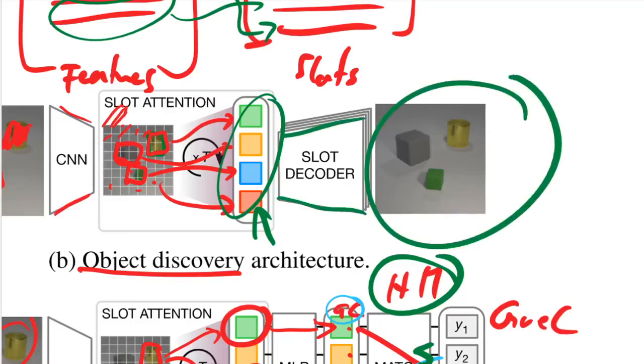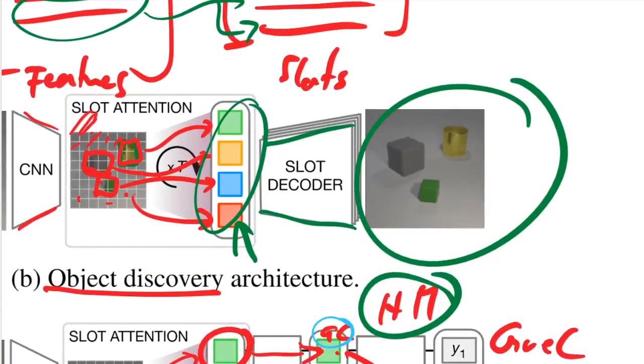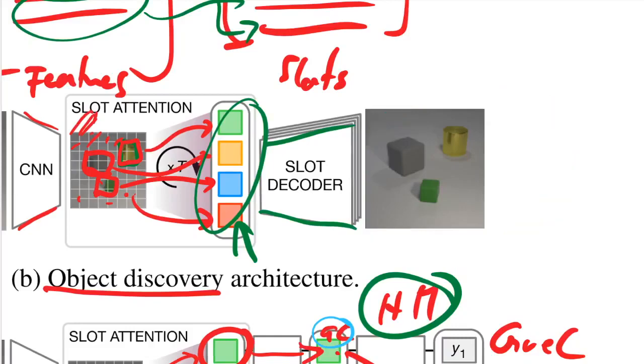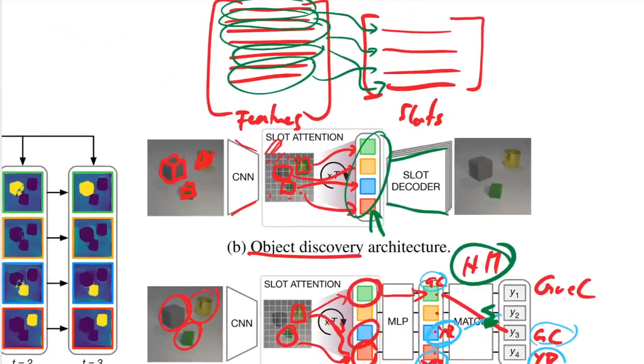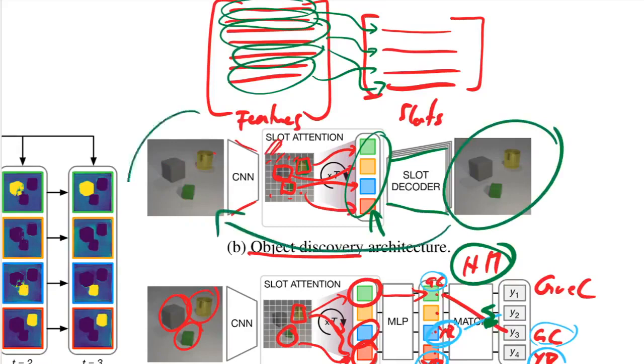If we have a good slot assignment mechanism, we can pretty easily train a decoder like this, with any method you want. In this case, I believe they use some sort of upsampling, up-convolution architecture right here, and they minimize the L2 reconstruction error between the output image and the input image.